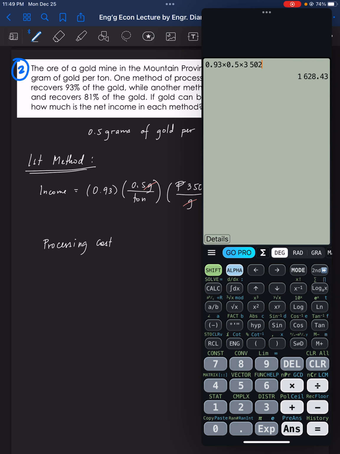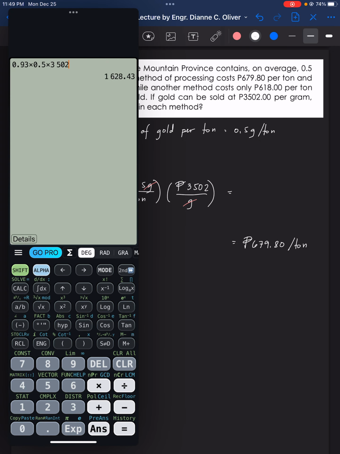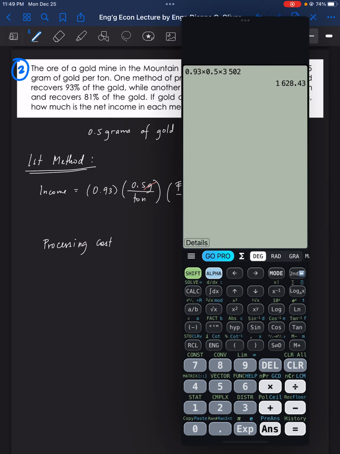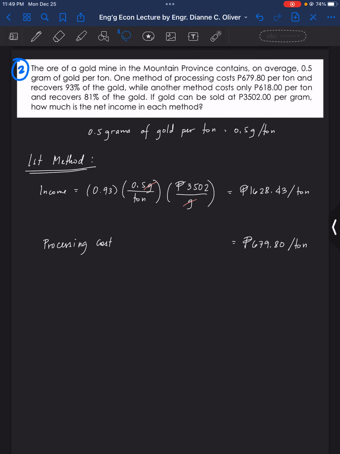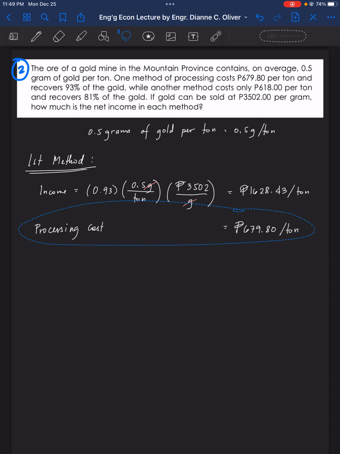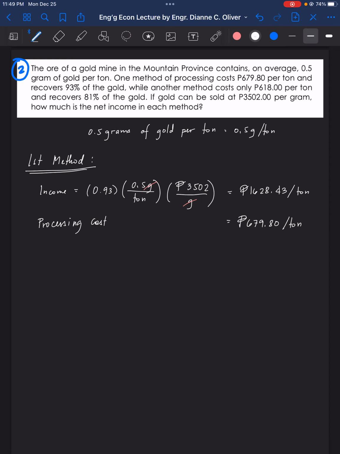So 1628.43. So that is 1628.43 per ton. So now we can deduct here, because they have the same unit. So this minus.